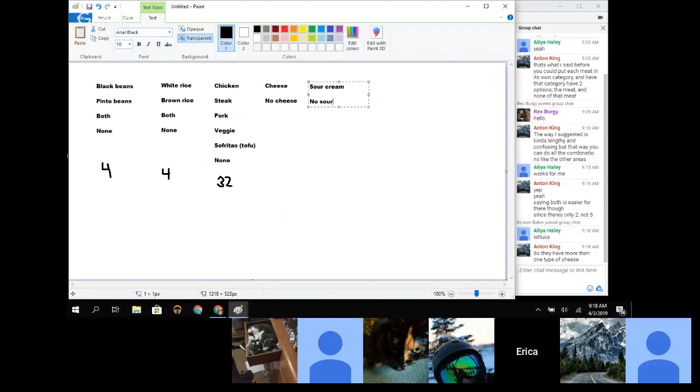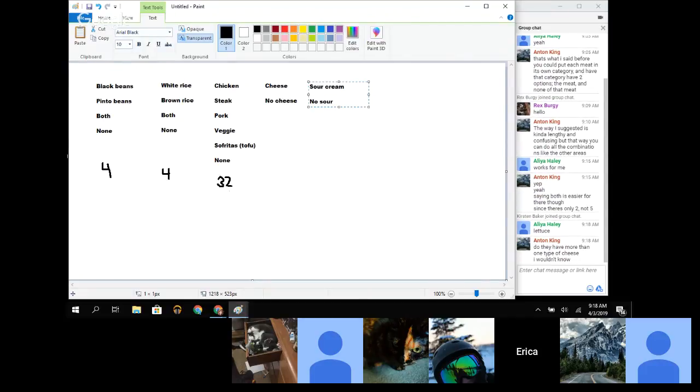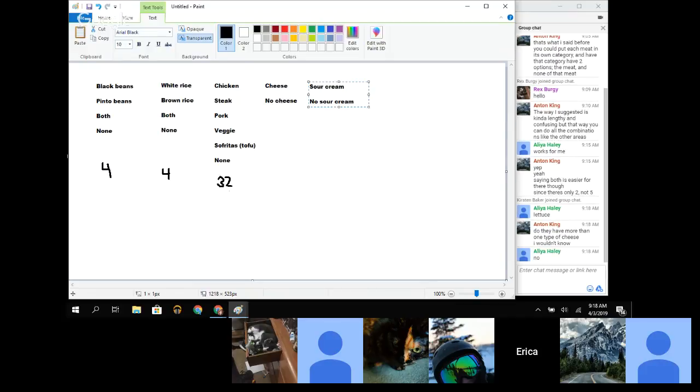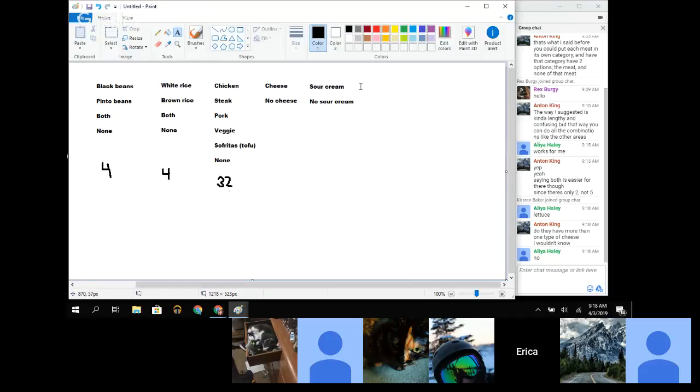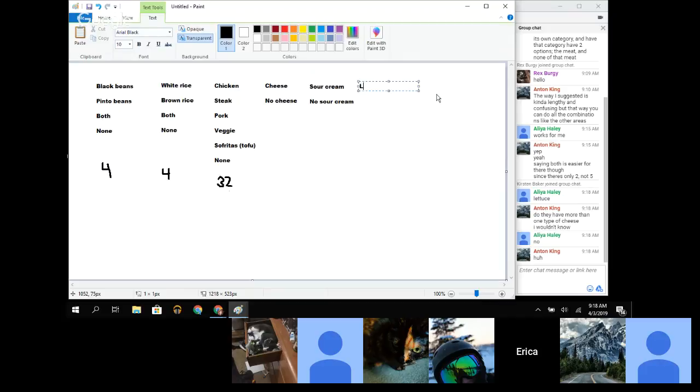Oh, yeah. I don't think they have more than one type of cheese. I think it's just the queso cheese. Okay, lettuce or no lettuce.